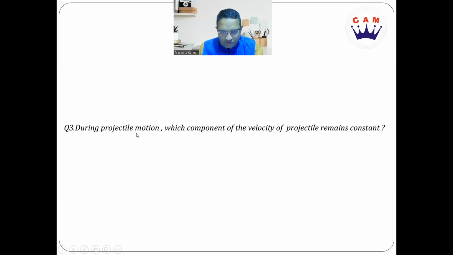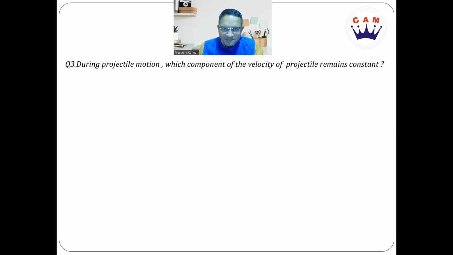During projectile motion of a body, which component of velocity of the body remains constant? Horizontal component. Horizontal component of what? Velocity, right? Yes, sir. Excellent. What is the reason for that? Because there's no external force being applied in the horizontal direction.